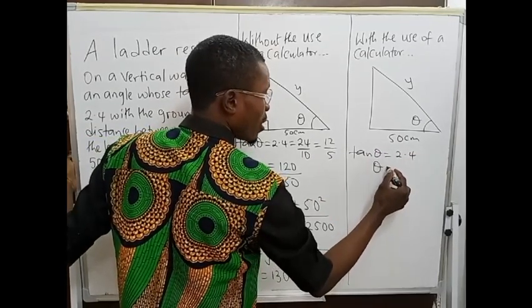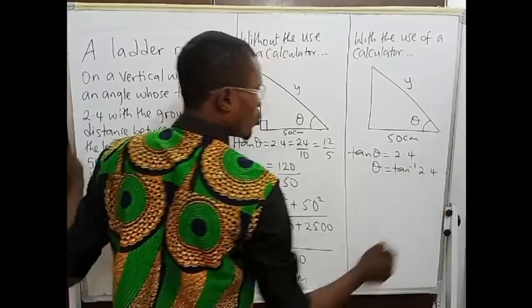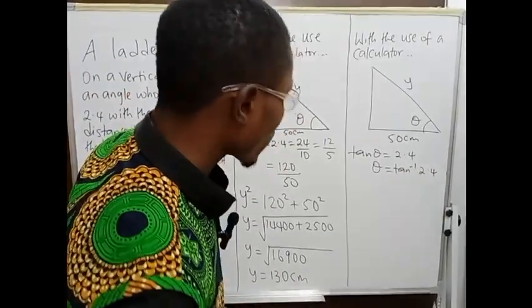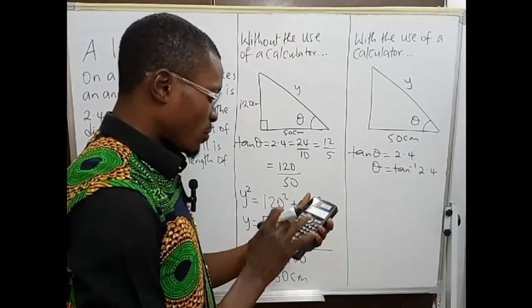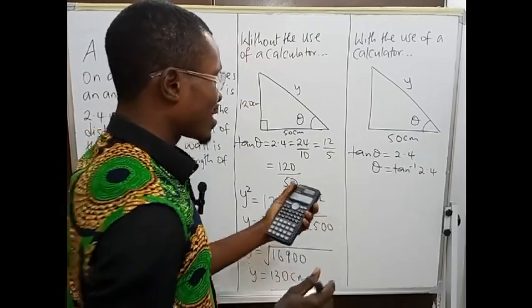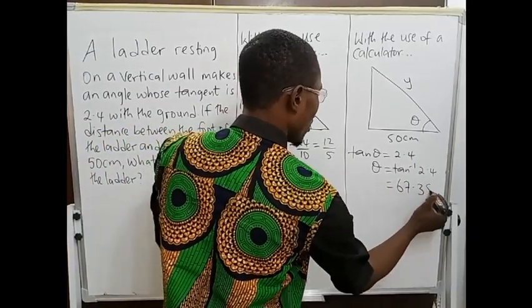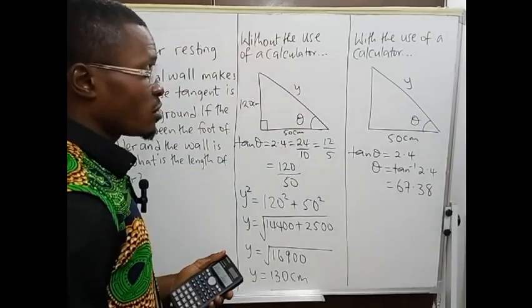So we first of all obtain the value of the angle, which is given by the tan inverse of 2.4. Using a calculator, we're going to have shift tan 2.4. That will give us 67.38. This is the value of the angle.